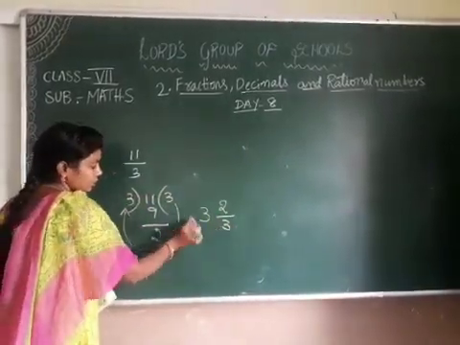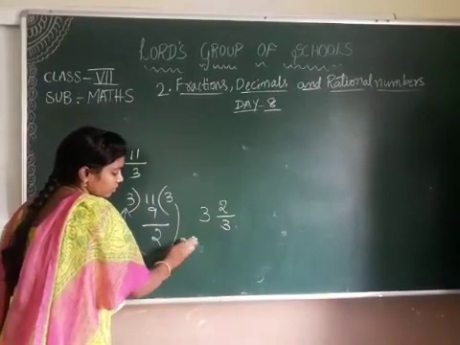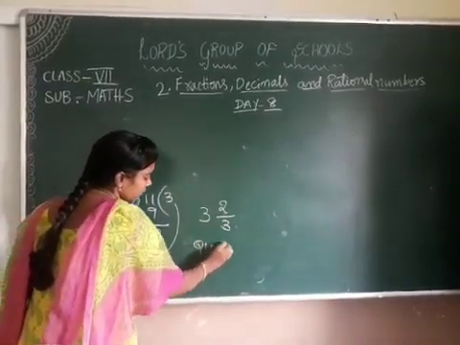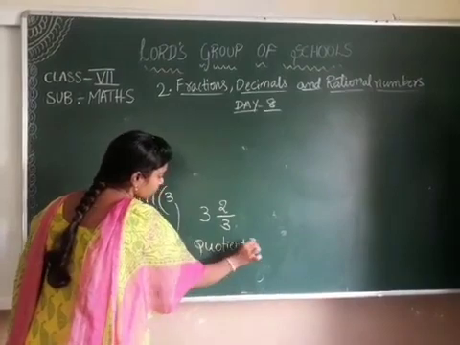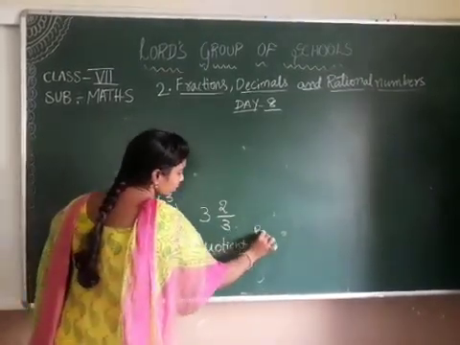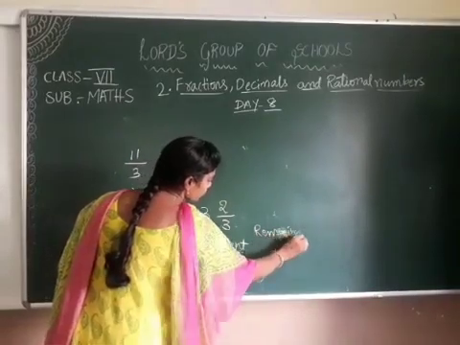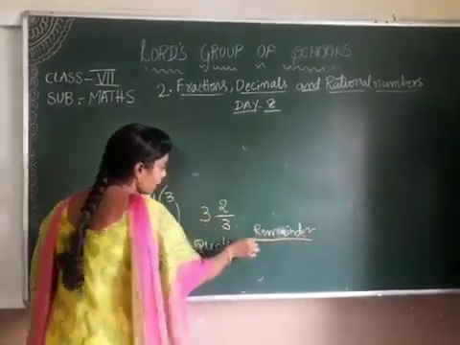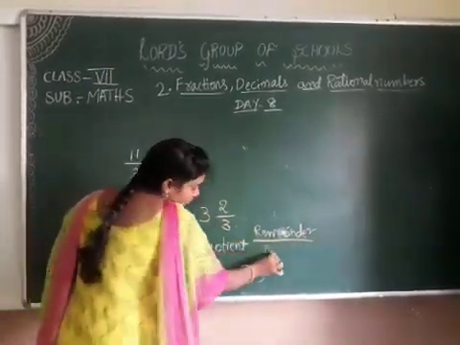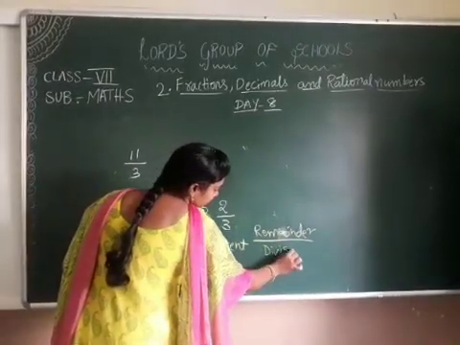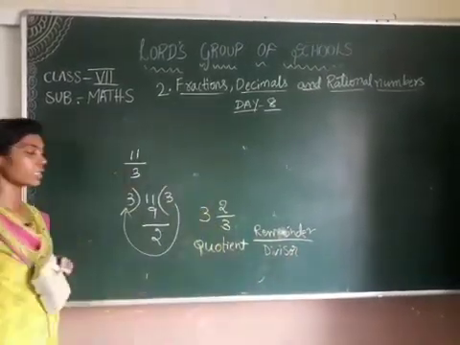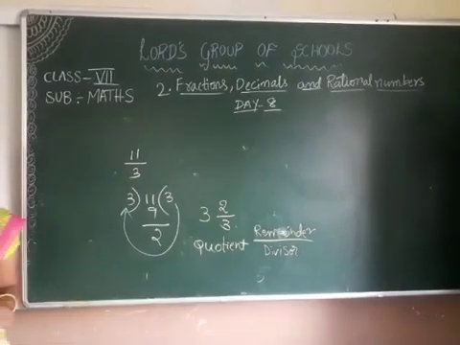Like this you should write quotient, remainder by divisor. In this way we convert improper to mixed fraction.